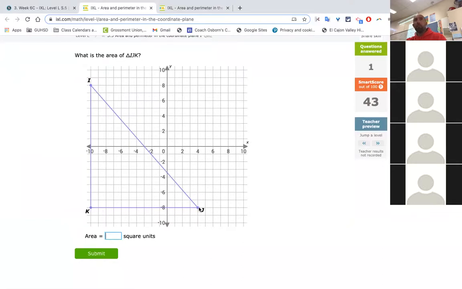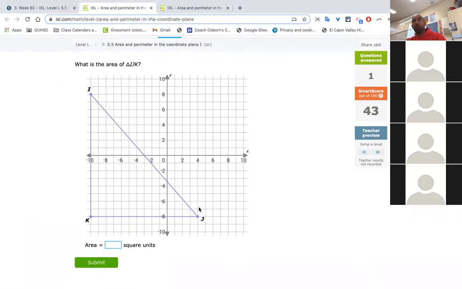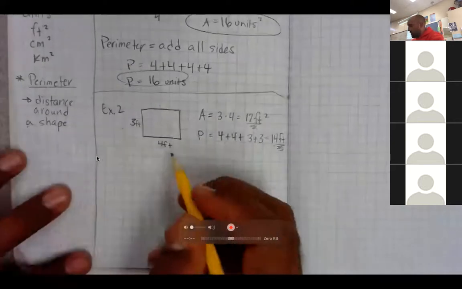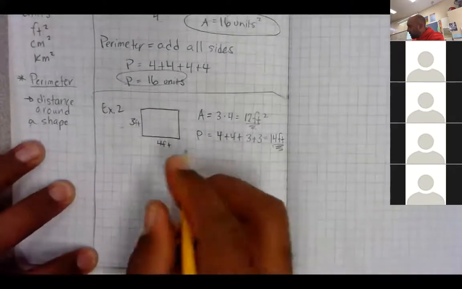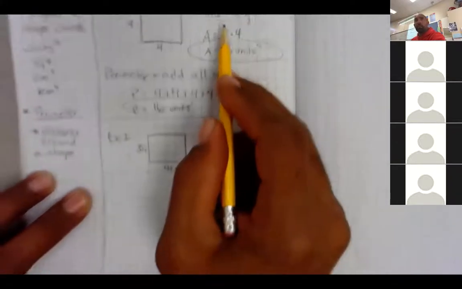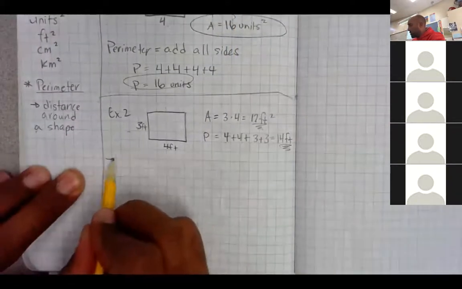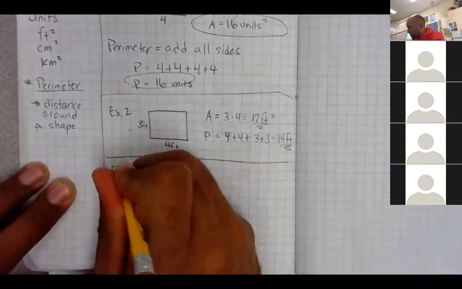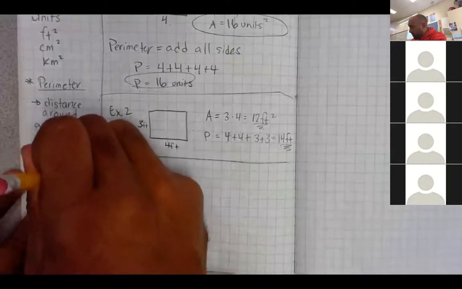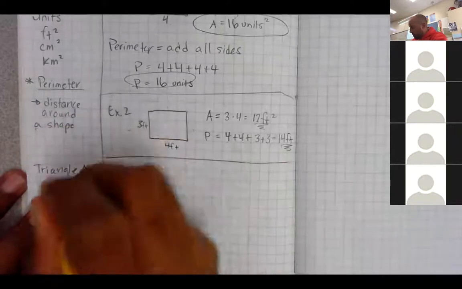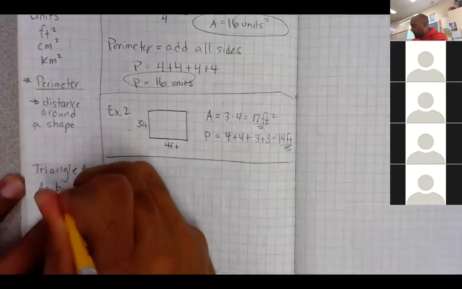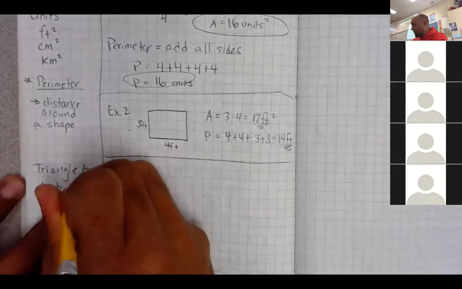Okay. Now a triangle has a different formula. So this is area when it comes to a rectangle or a square. Okay, but for a triangle, the area is equal to the base times the height.